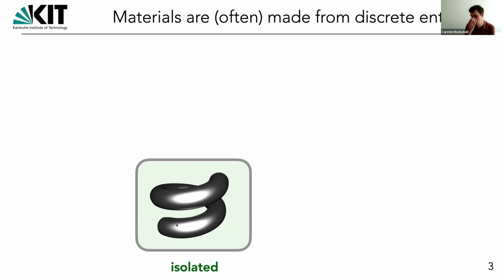So we're considering materials that are made out of discrete entities, with which I can study in a well-controlled manner how light is going to interact with these individual entities. And then I'm trying to derive all emerging features of much more complicated materials from the scattering response of that discrete entity from which these materials are made.